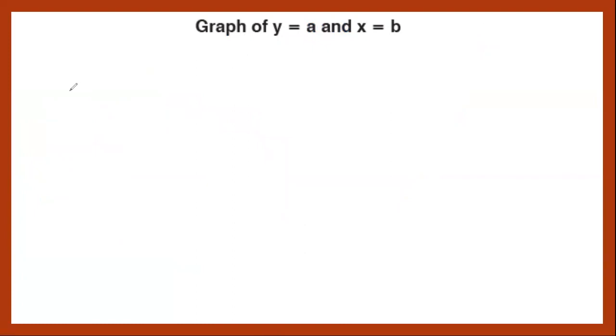Like y equals a means what? y equals a is like y equals 2. x equals b is like x equals, let's say, -3. I'm giving an example only. Now, to draw your graph, let's draw there.